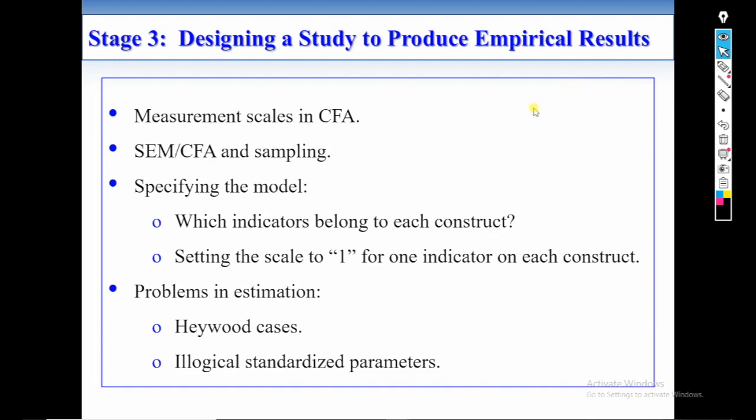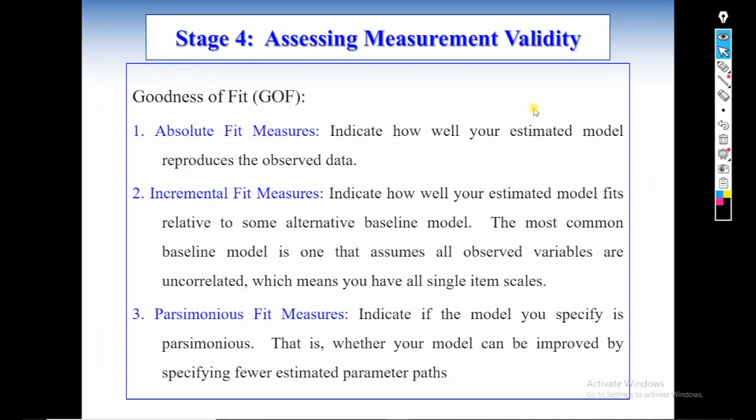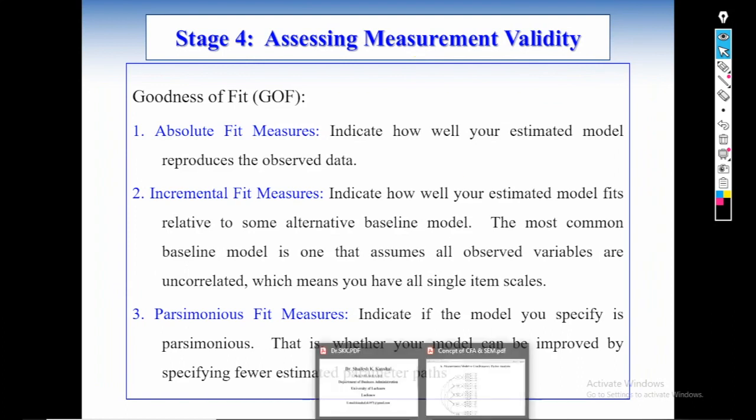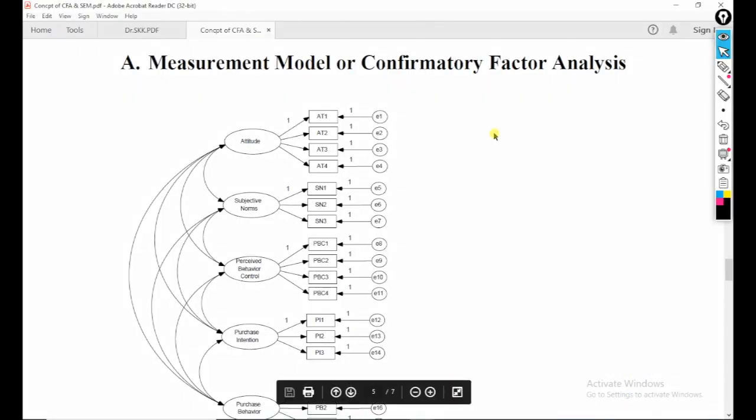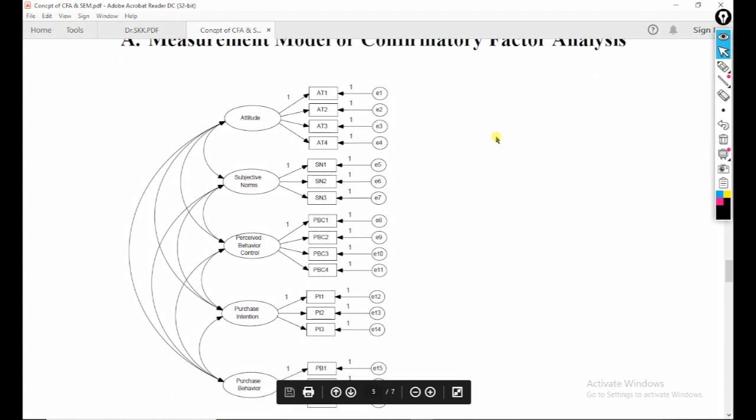The next step is specifying the measurement model. Once we specify our model like this, this is the specification of a measurement model. So I am explaining this here. There are 5 constructs: attitude, subjective norm, perceived behavioral control, purchase intention, and purchase behavior.